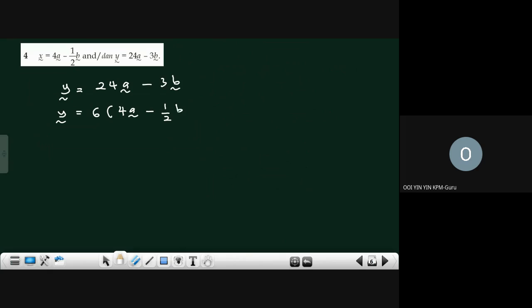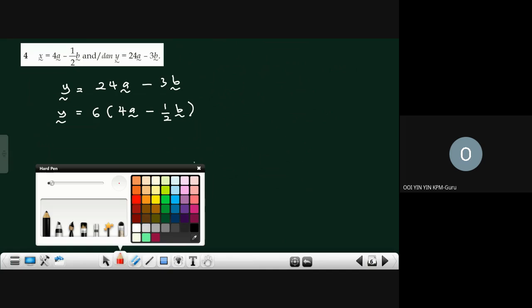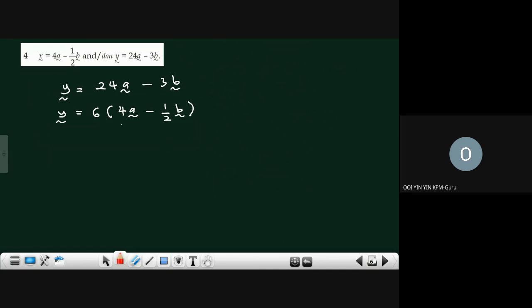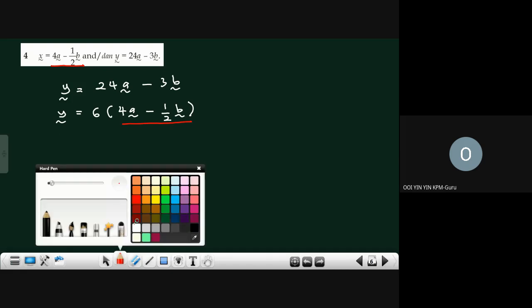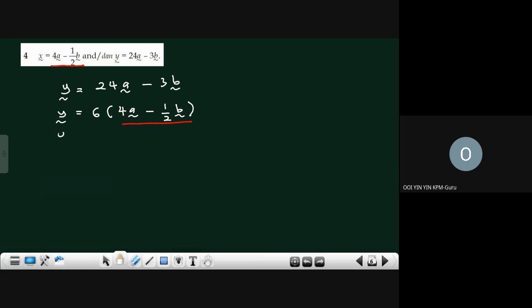And then your b. Okay, so now can you see that this part here, 4a minus negative 1 over 2b, is the same as your x here, right? So the whole part here can be replaced with x. Then finally, your final answer here will be vector y equals 6x.